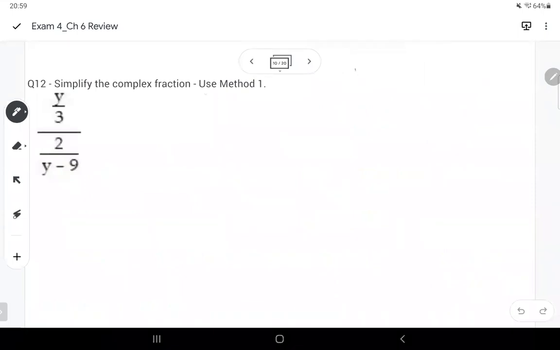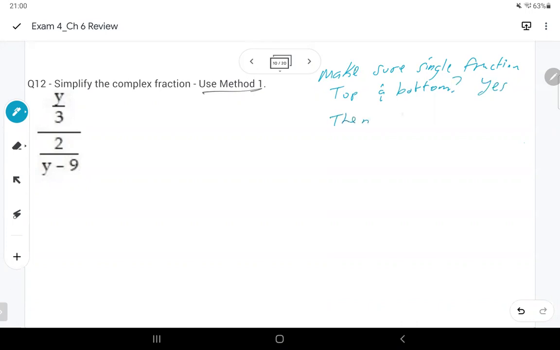All right, we have to use method 1 for this case. Remember, that's the one where you make sure they're in a single fraction top and bottom, in this case, yes. Then multiply by the reciprocal.